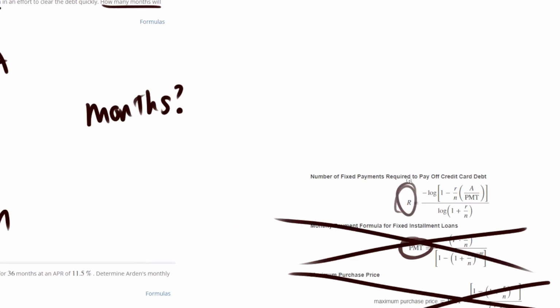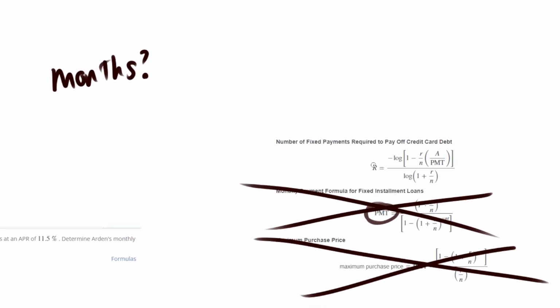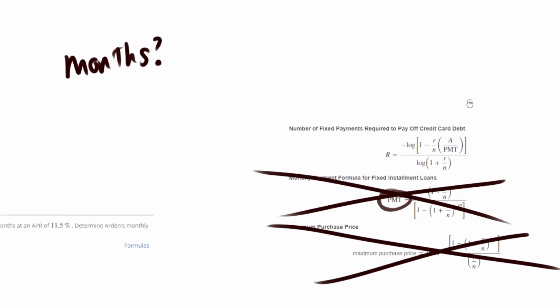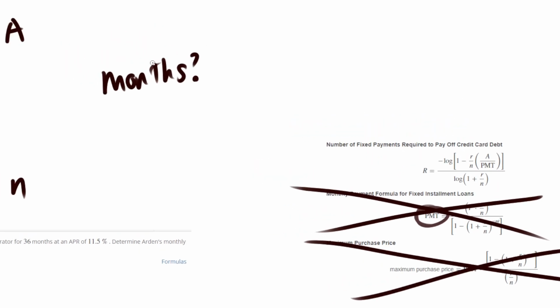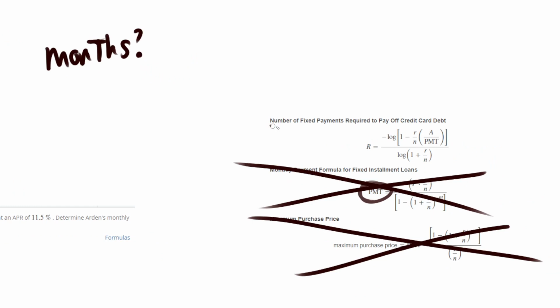I know that it's tricky because it says number of fixed payments required to pay off credit card debt. The reason I called it a monthly payment is that each month you pay something in a lot of these story problems.